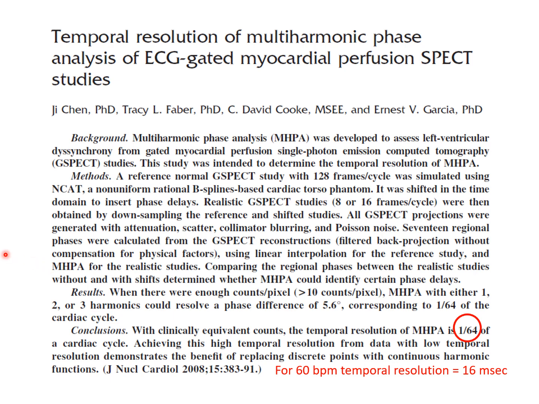So again, one question that comes up often is how can you possibly measure these millisecond changes when you're only using 8 frames per cardiac cycle? And people think that the temporal resolution is only 1/8 of the heart rate.